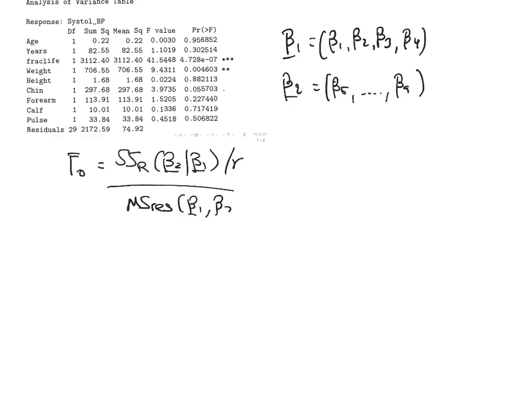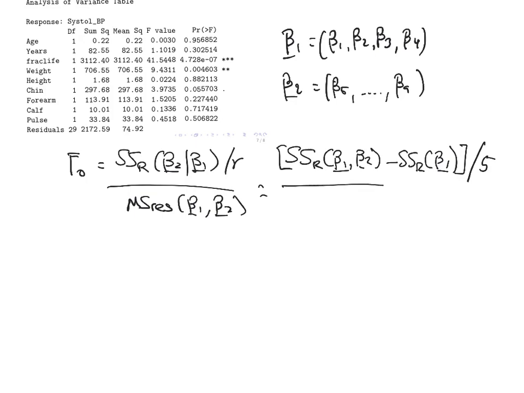This is the same as looking at the difference in the regression sum of squares of the big model with all the predictors minus the regression sum of squares of the small model, and that whole chunk is divided by R, which is 5 in this case because we're looking to drop 5, and then we're looking at the mean square residuals of the full model. Now how do we get these values? It may not be apparent right away where these are.